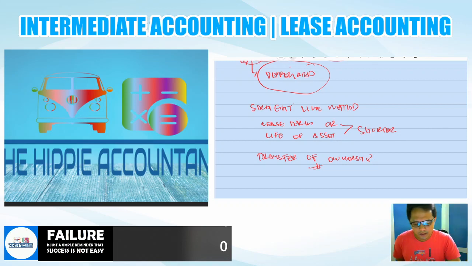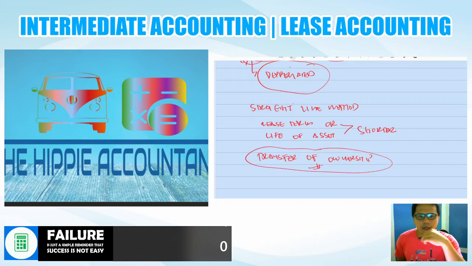If the transaction would imply, or it is explicitly stated in the terms, that there is a transfer of ownership, then this will not be our basis, but rather we'll use life of the asset.